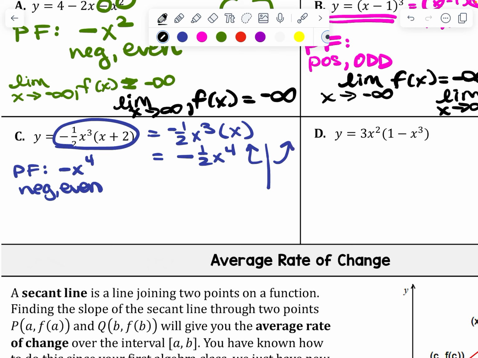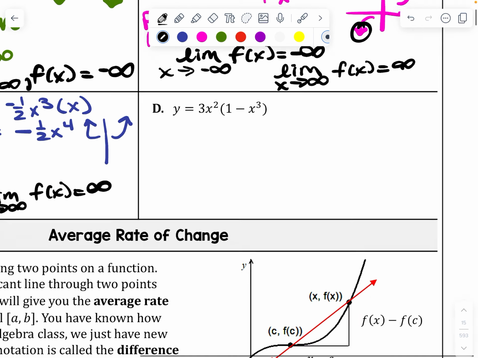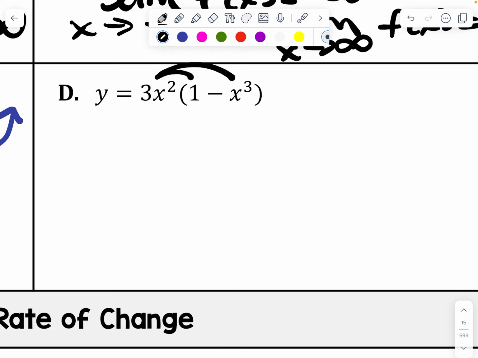So we're going to say the limit as x approaches negative infinity to the left, f of x is also going to infinity. And the limit as x approaches positive infinity to the right, f of x is also positive infinity, up.